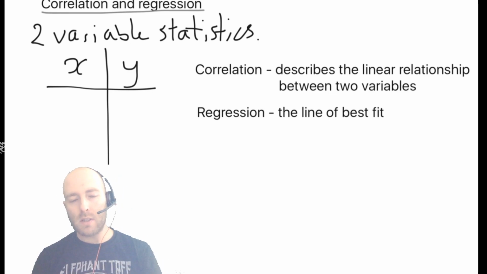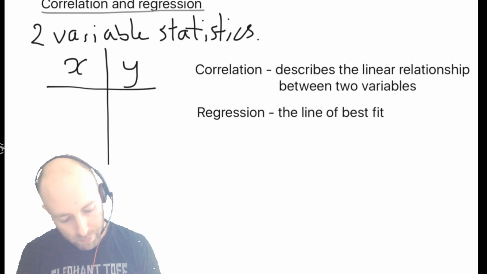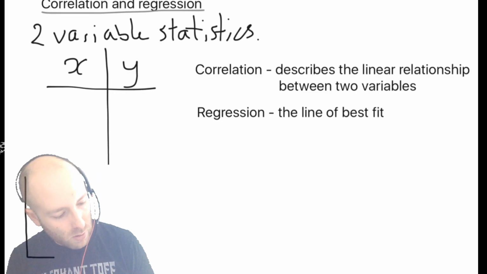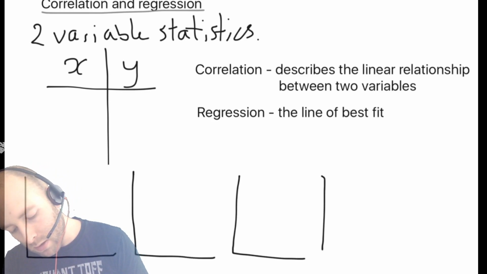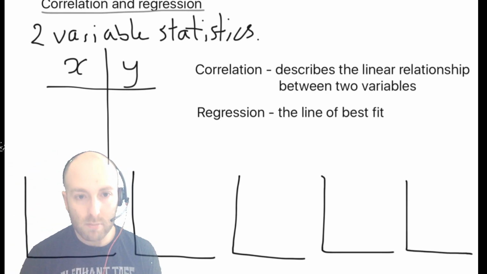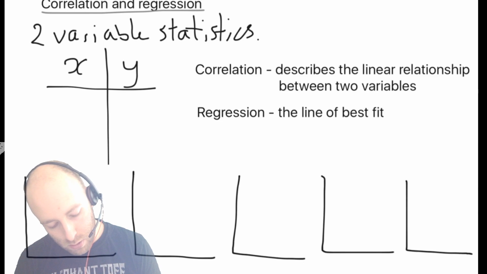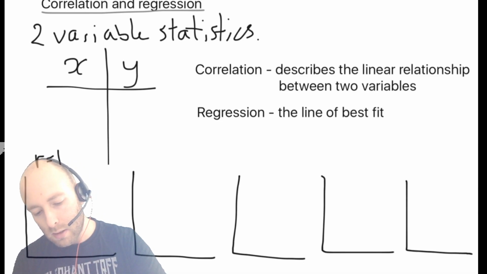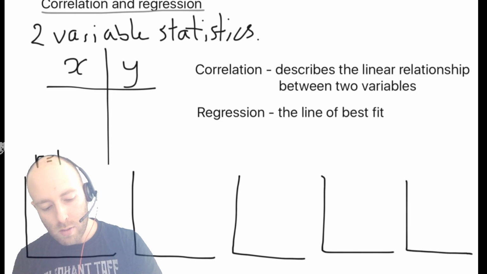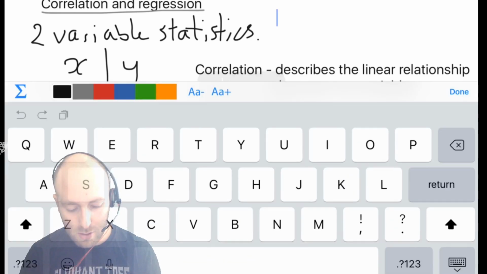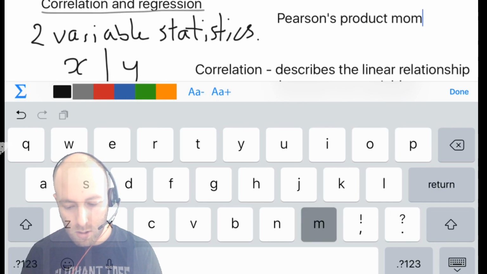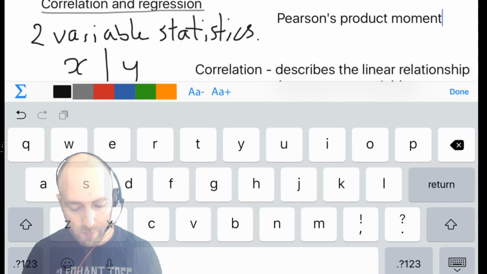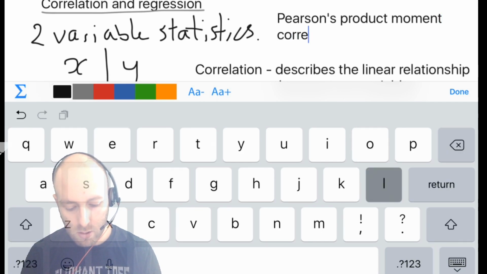So I like to think there's 5 major types of correlation. So if you guys could draw 5 sets of axes. First one, we're going to say R is 1. So R is what we call the PMCC, which stands for, I'm going to get this wrong now, Pearson's product moment correlation coefficient.